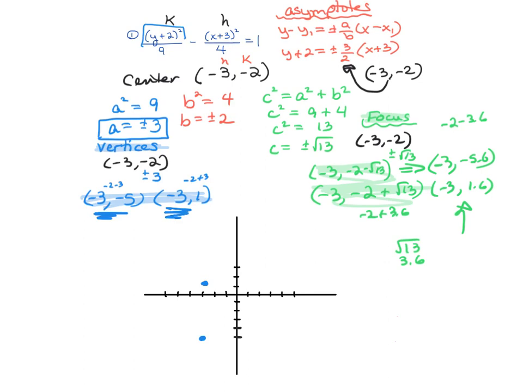I'm now going to graph my asymptotes. So watch how we do it. Again, I'm going to take the center point. Let me graph that first: -3, -2. I'm going to start there, and then I'm going to move from this point a -3 rise, and then +2 run, and then also the +3/2 rise and run.